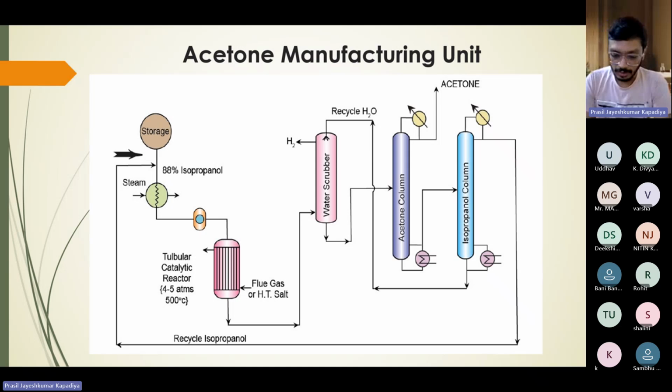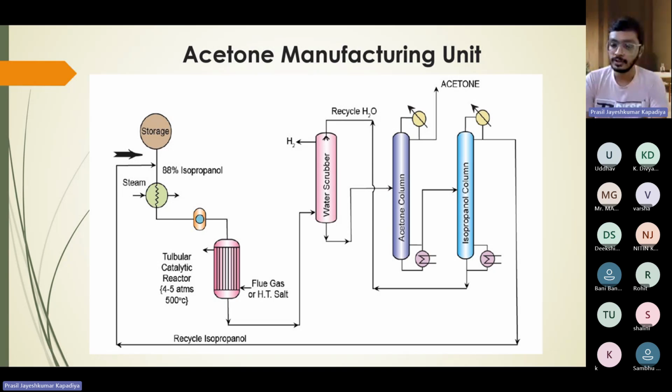Acetone has the lowest boiling point, so in the first distillation column, acetone will be obtained in the vapor phase, as vapor or liquid depending on the condenser condition. Now acetone is separated. We are left with water and isopropanol.